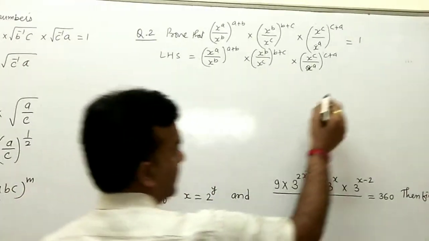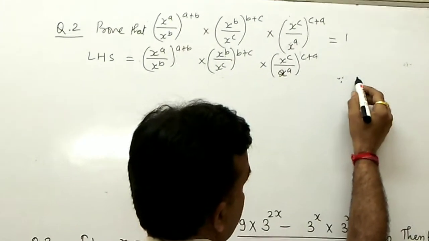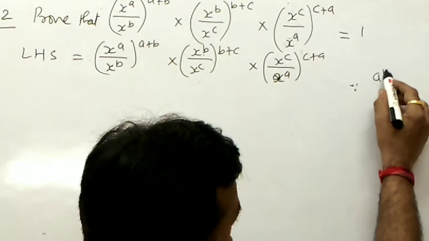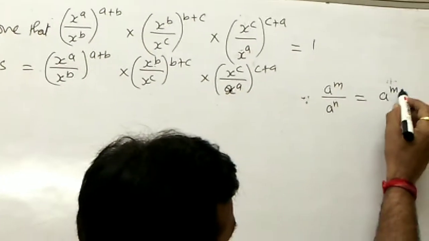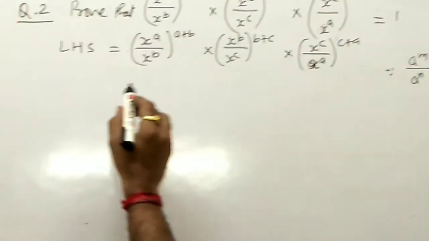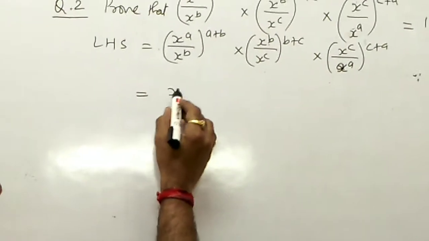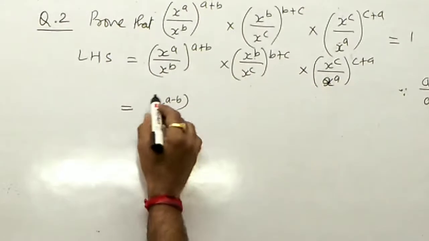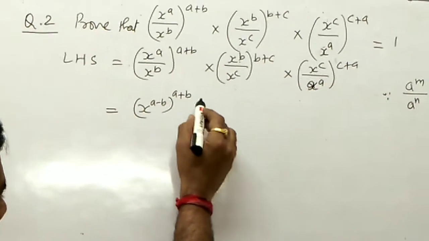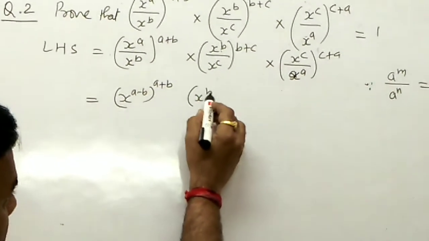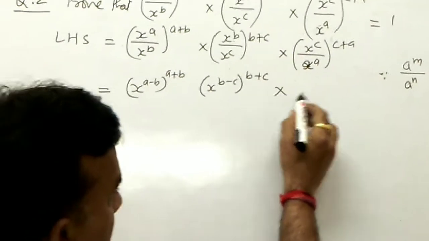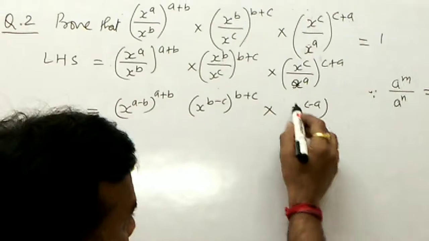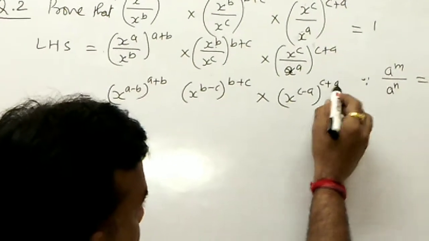So basically here we use the rule: a to the power m divided by a to the power n is a to the power m minus n. So using this rule, we have here a minus b, and now we have a plus b. Similarly x to the power b minus c, but the power is b plus c here. Similarly x to the power c minus a, and whole to the power c plus a.